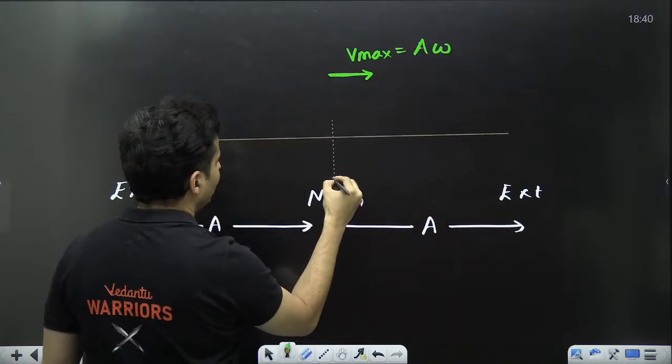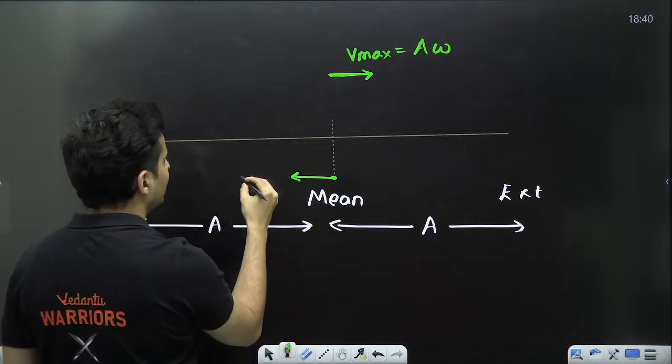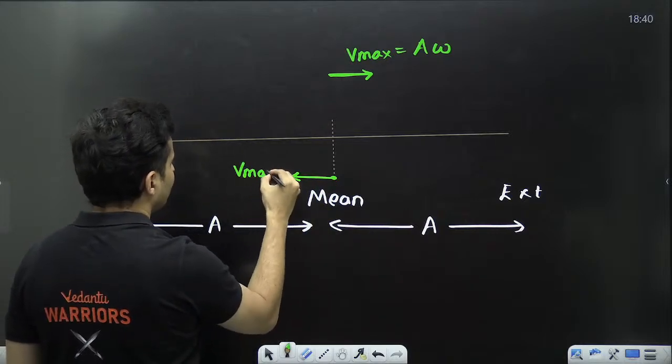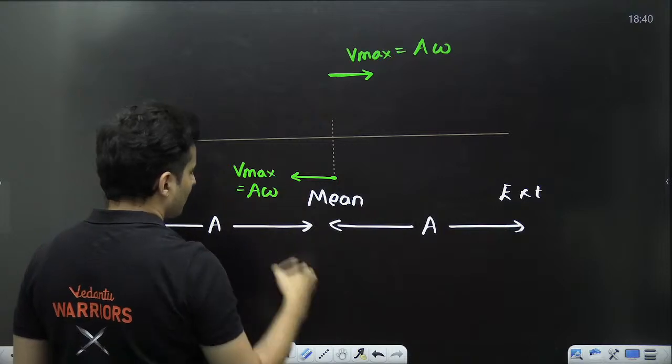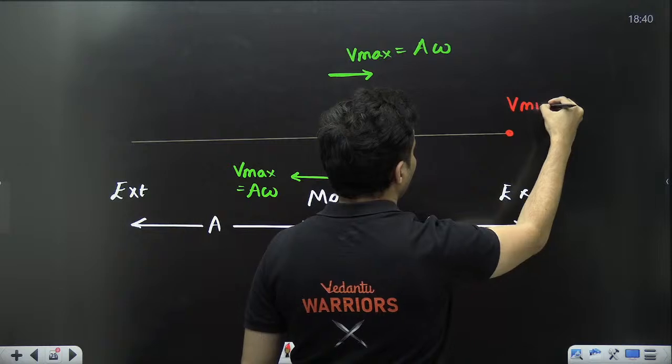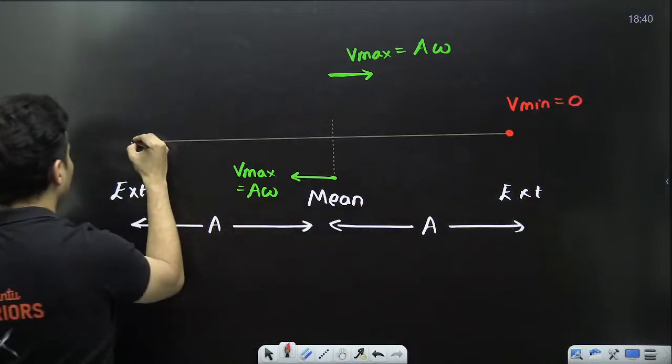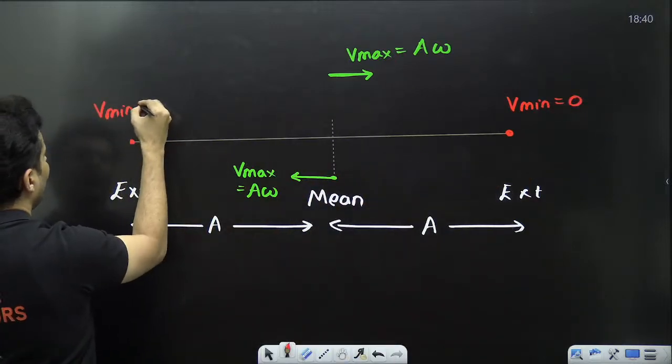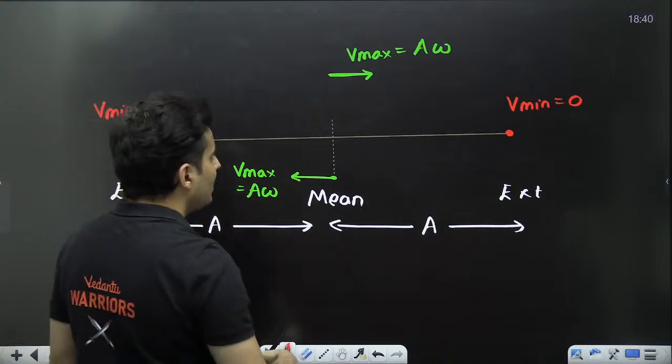Also the speed while going like this is maximum, so it is V max, which is again A omega. The speed is minimum here, so V minimum is 0. Here V minimum, again it's 0 at extreme.